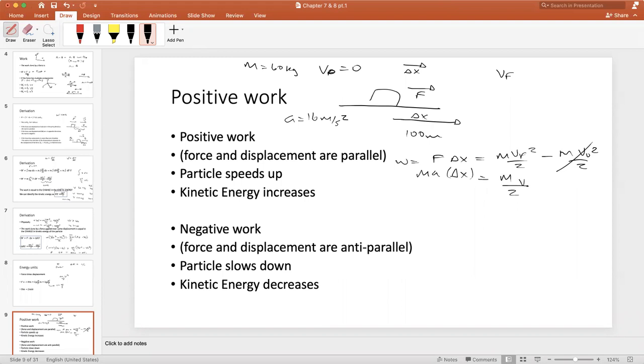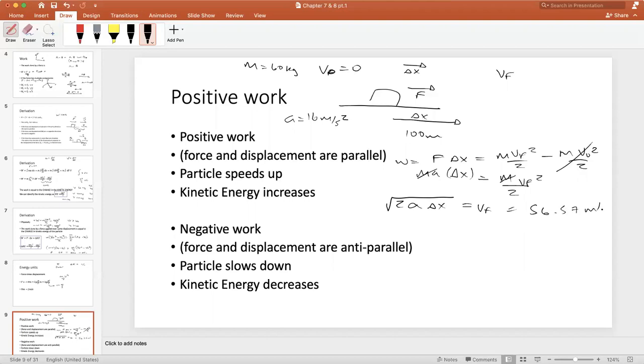Over m over 2 v final squared. Our m's will cancel, and so we get a times delta x if I move the 2 over. And then, since this is going to equal v final squared, I'm going to take the square root to get v final. I know this root's going to be positive. What I'm more concerned with is inside the root had better be a positive number, right? Otherwise, I can't do this root in our class. But let's put those numbers in. 2 times 16 is 32, times 100 is 3,200, and the square root of 3,200 is 56.57.